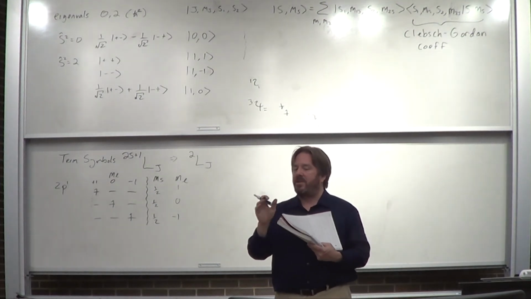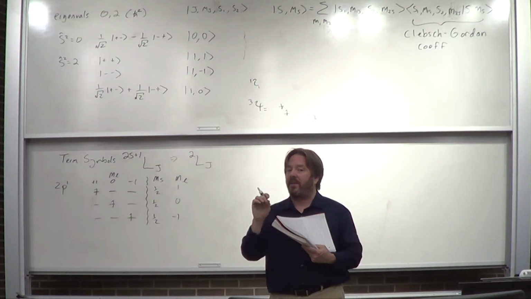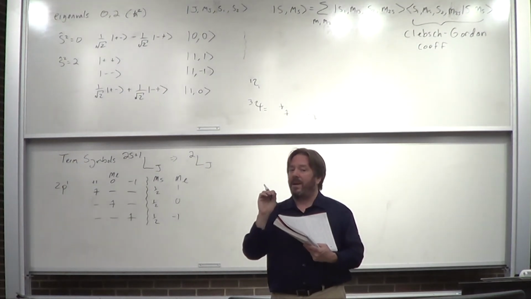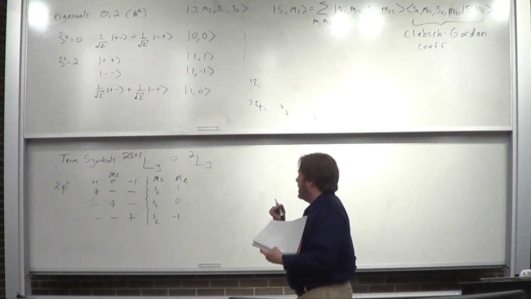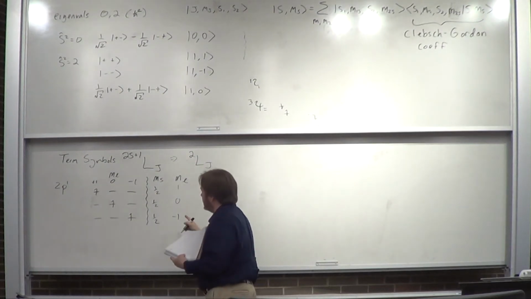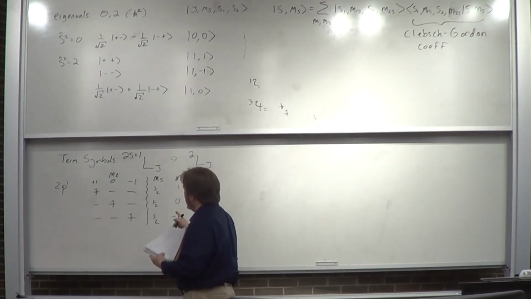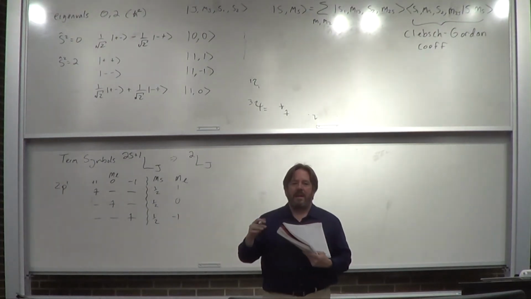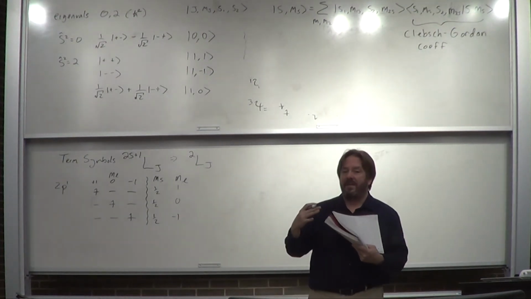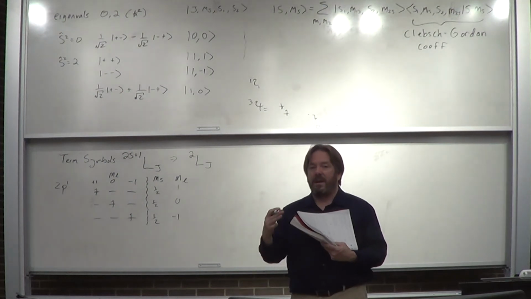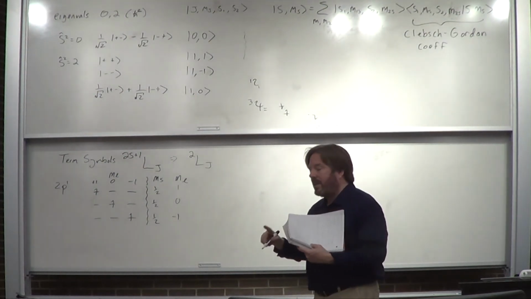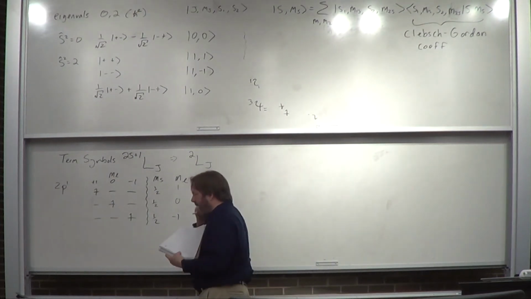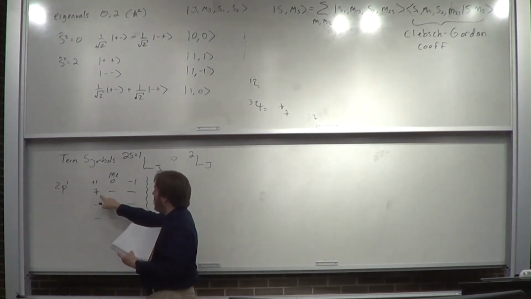It's not hard, but you have to have some intuition about what the answer's got to be because of the way you look for these. What I see here is that my highest m sub L is 1. That says to me that this is going to be a p state, because p states can have an m sub L of 1. Now an example I gave, I think yesterday, I talked about what happened if you had 2 electrons here.